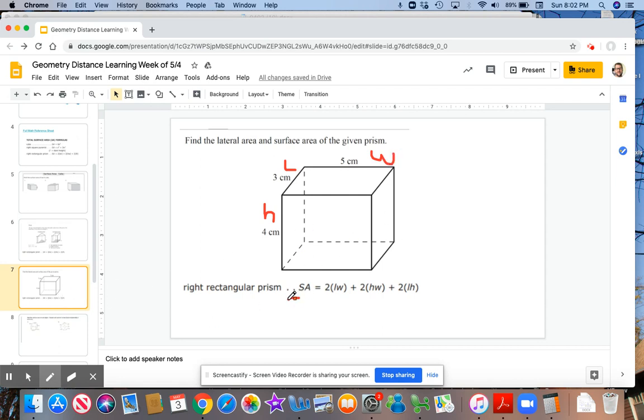Okay, so we're going to go through this one problem. Surface area equals, I apologize for my bad handwriting, but you guys already know the deal with that.